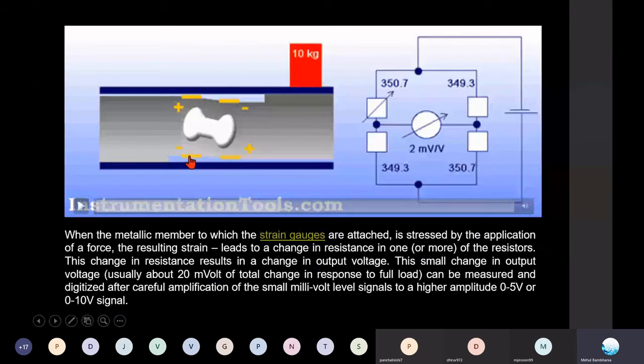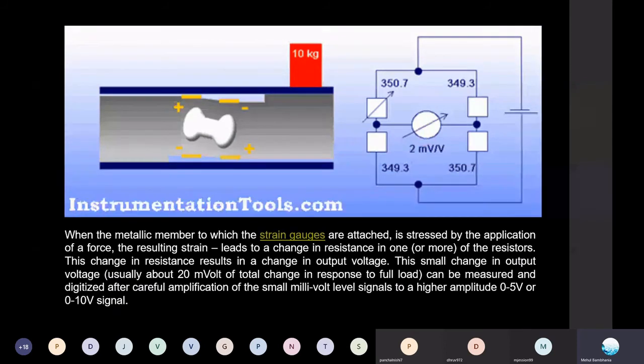The resistance due to tensile force will change from 350 to 350.7, let's say, and on this side the resistance will decrease. According to these values, the voltage will change according to those equations, right? We looked at the equations in the last slide. Based on that voltage change, we can get an idea of what amount of force is applied.